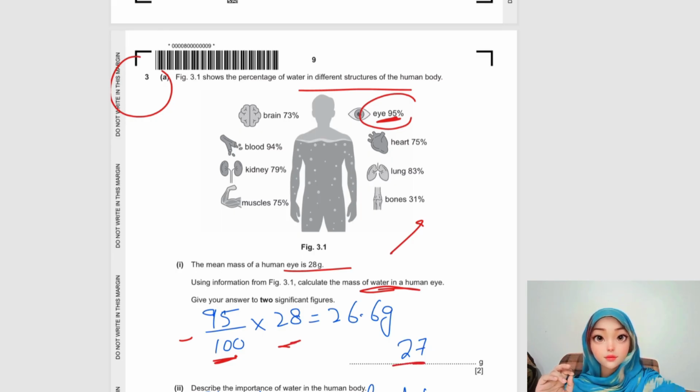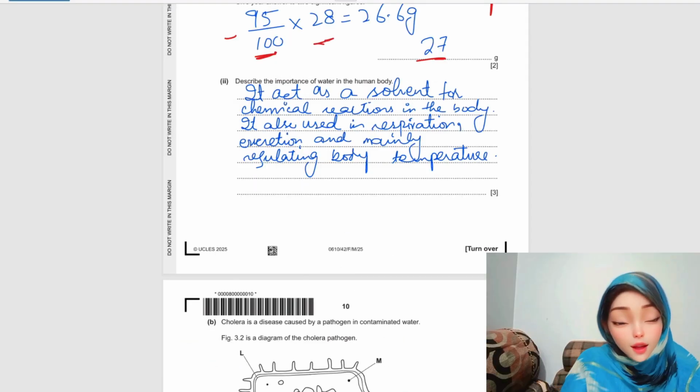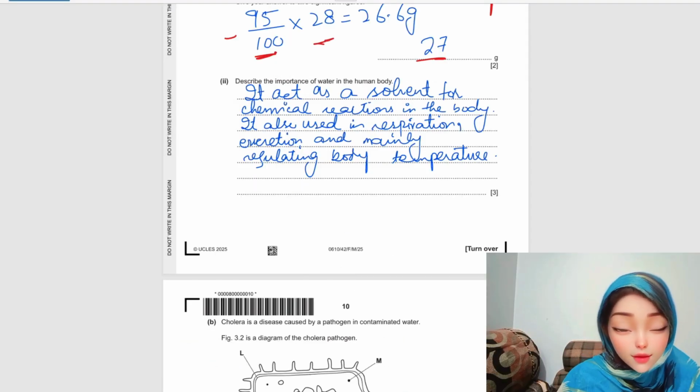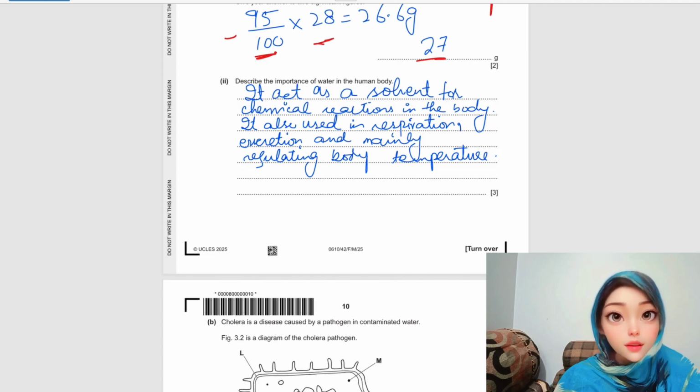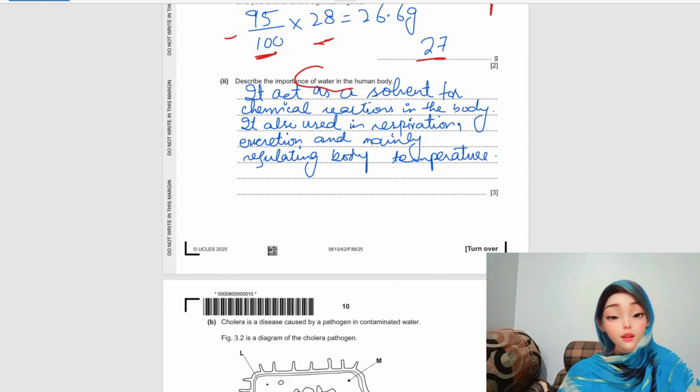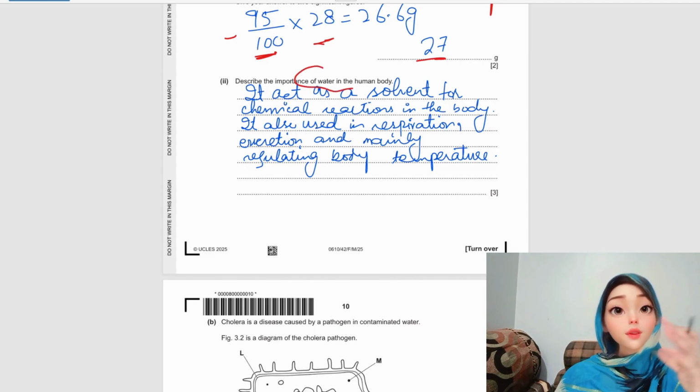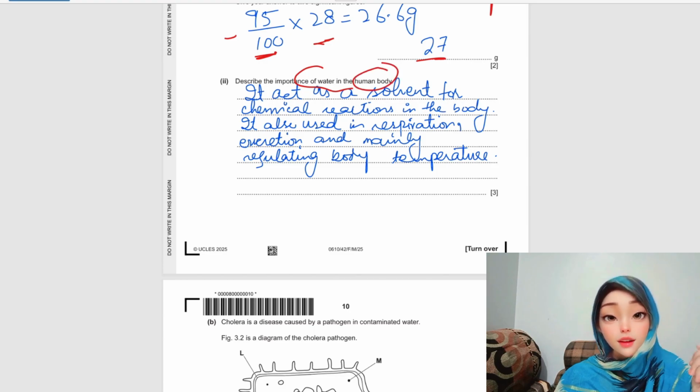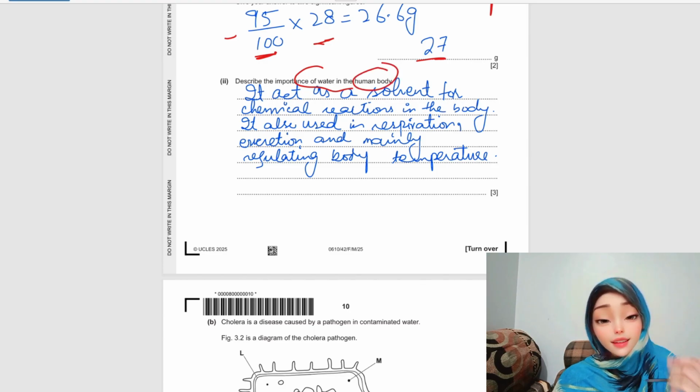Okay, the next question is to describe the importance of water in the human body. As we know, water is extremely important because water acts as a solvent that allows many chemical reactions to take place.